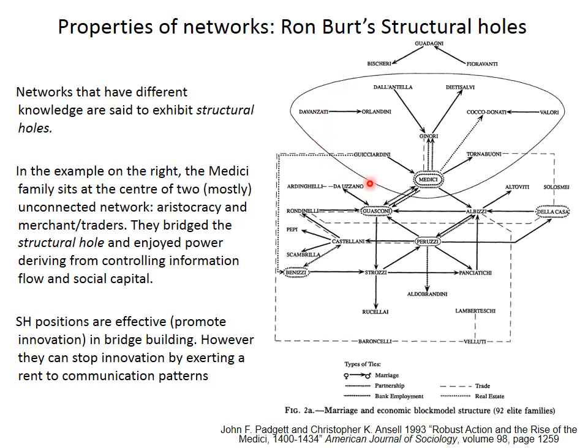The network at the top is the network of aristocratic families, tied mainly by marriage relationships. And the network at the bottom is the network of trading bankers' families, essentially the new bourgeoisie in Florence, tied not only by marriage but also by trading and commercial relationships. Then what you notice is that there's just one family that connects the two.